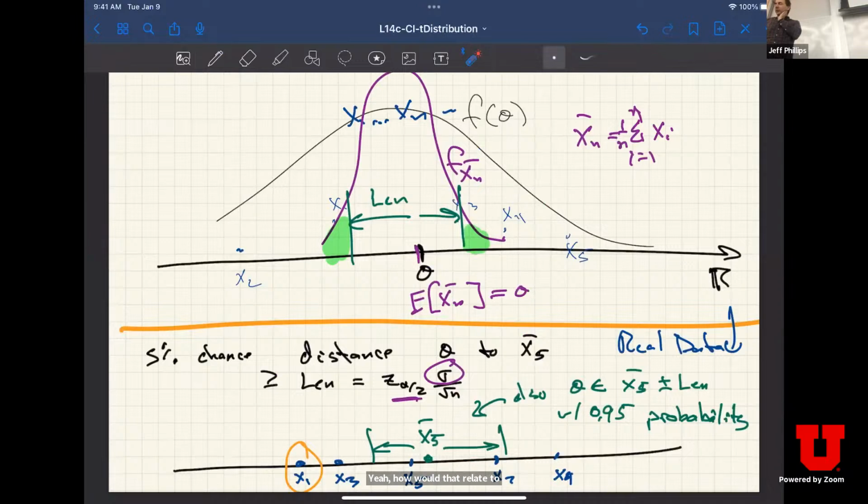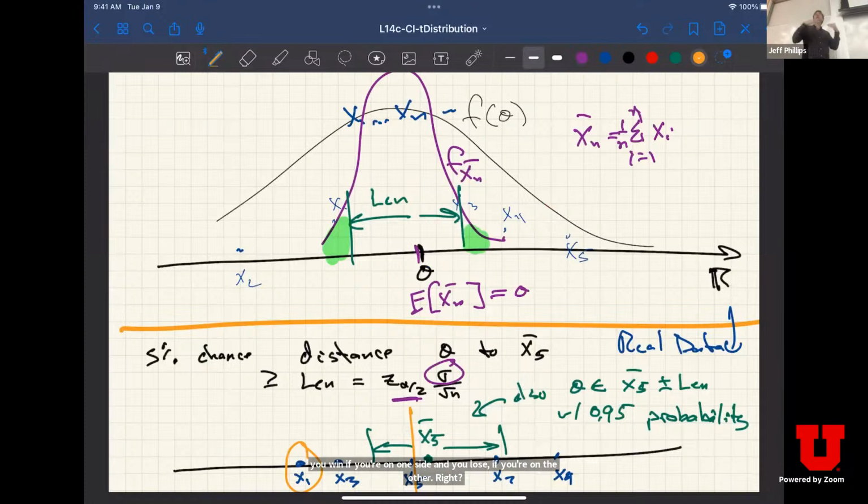So with winning or losing a game, there's another thing going on here where there's some sort of threshold in the space, and you win if you're on one side and you lose if you're on the other. The right analogy that we've seen in classes is polling in politics: you win a race if you get over 50% of the vote.